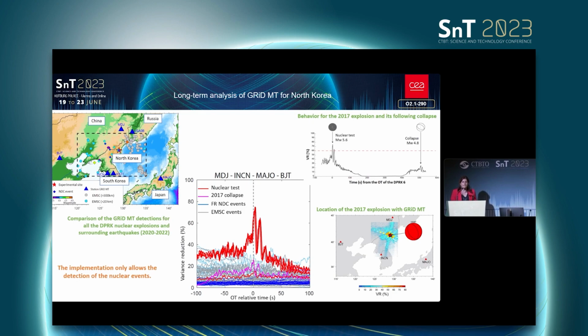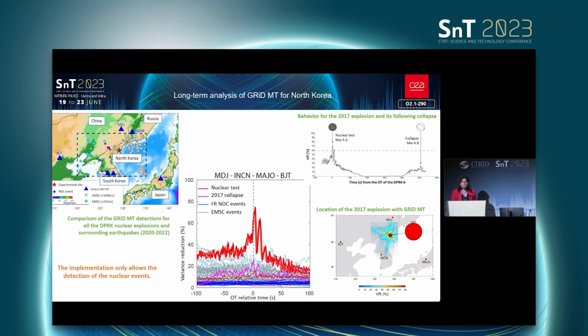What we see is that all the explosions basically will reach very high value of VR, nearly 80%. So we get a detection of those DPRK events, but for all the other tectonic events, actually the VR stays low, below 40%. So basically this implementation here only allows the detection of the DPRK explosions.